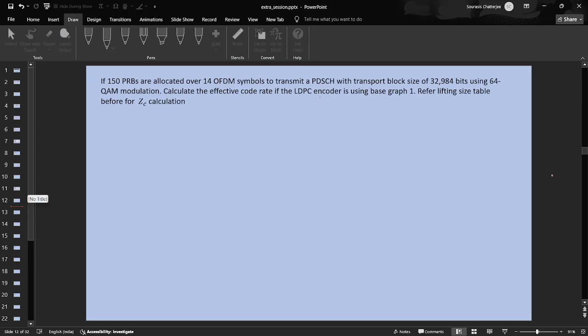So now I have to calculate the effective code rate for this scenario.